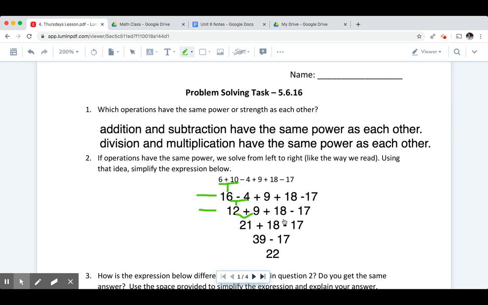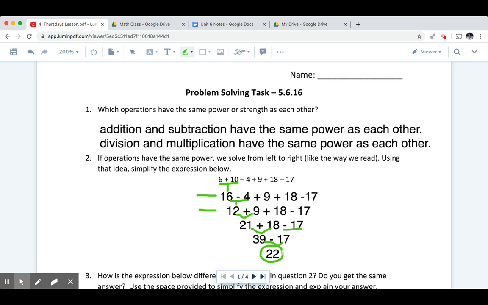And I rewrote the rest of the expression because we have not solved it yet. Next, 21 plus 18, that's 39, and I will rewrite minus 17. And last, 39 minus 17 for my final answer to be 22.